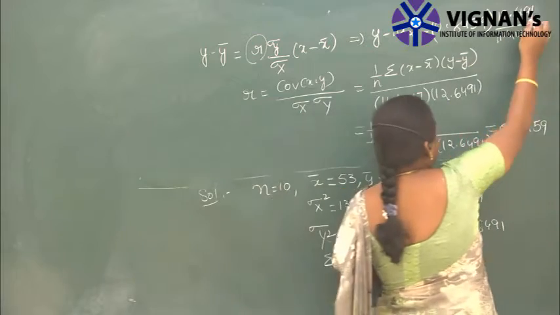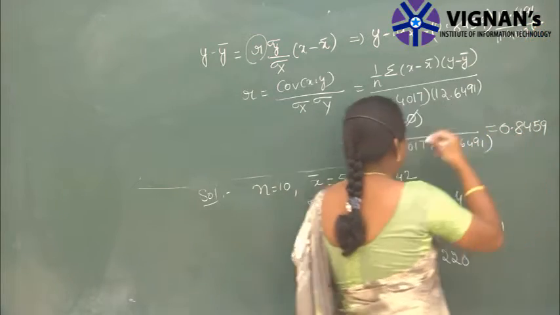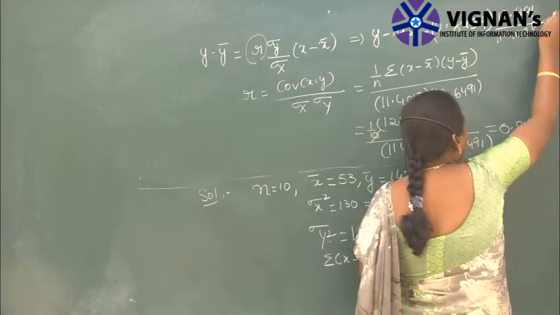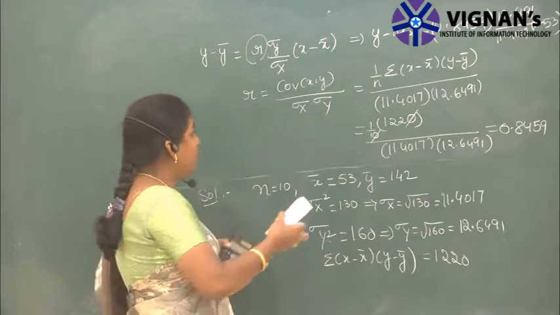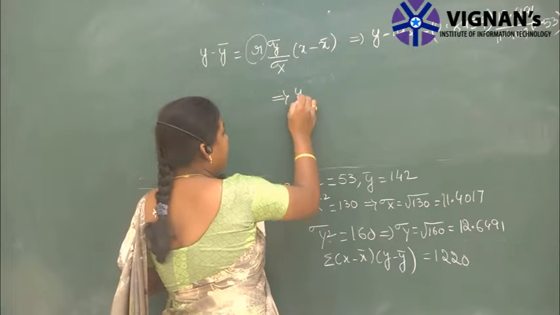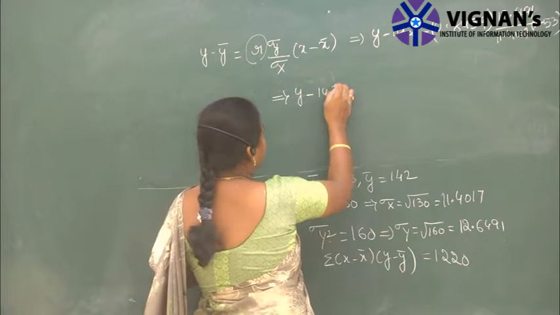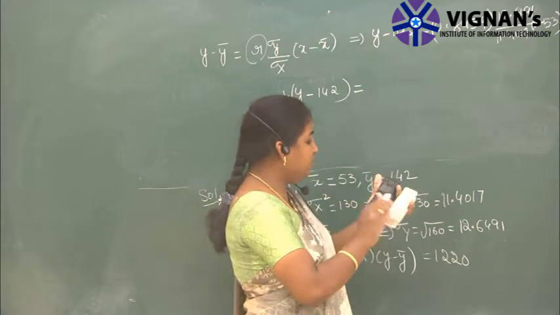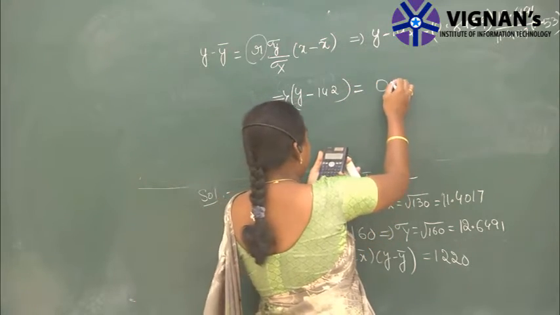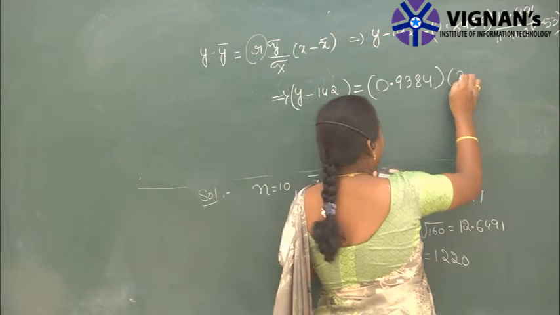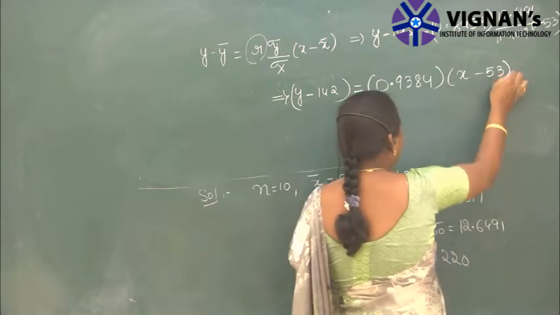So x minus x bar is equal to 53. Now simplifying this, we get y minus 142 equal to 0.9384 into x minus 53.